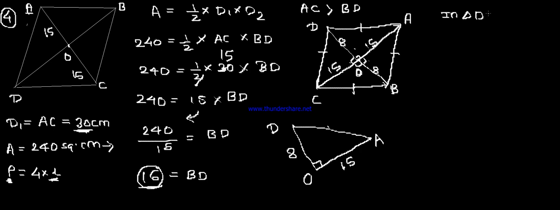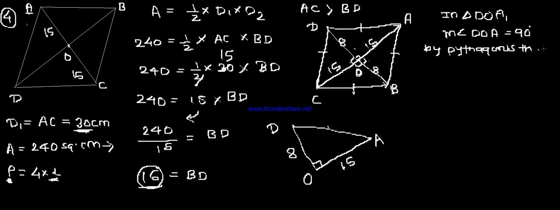In triangle DOA, okay, measure of angle DOA is equal to 90 degree, and here we will write by Pythagoras theorem. As you all know, 90 degree के सामने वाला side, the opposite side of 90 degree is treated as hypotenuse.